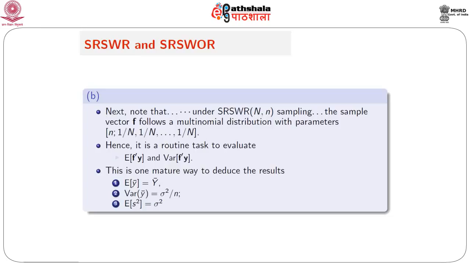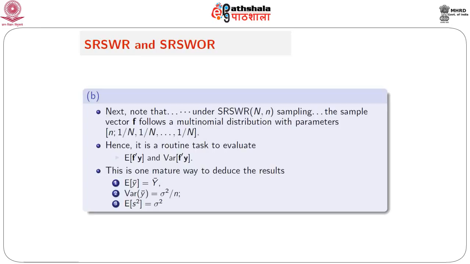So there are capital N categories here, and every category has probability 1 over capital N. Here all the Pi's are equal to 1 over capital N, because we are working under with replacement sampling. Under random sampling with replacement, all the units have got equal probability every time. Therefore, it is a classic example of F following multinomial distribution with the parameters small n and Pi's all equal to 1 over capital N.